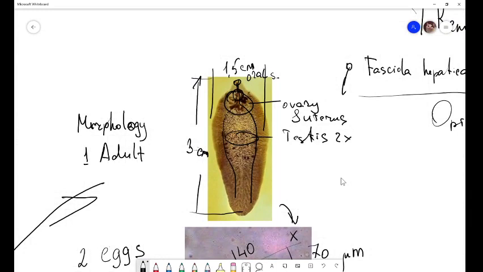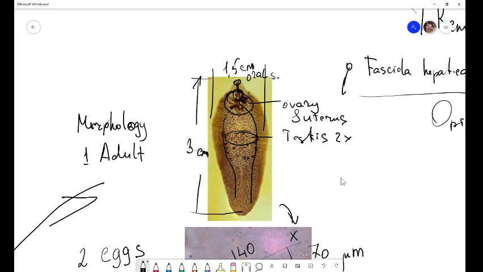You must know morphology of all forms of this worm and where you can find these life forms, and life cycle of this worm.